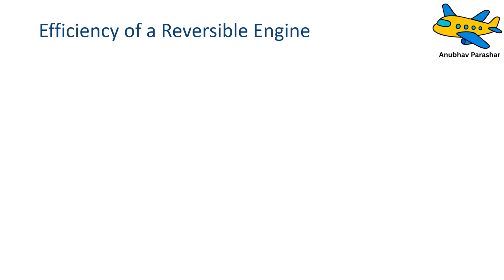Now, efficiency of a reversible engine. How can we represent efficiency? We have seen it in our heat engine class, right? So we know efficiency is the work output divided by the heat supplied, right? And work output can be given by the first law of thermodynamics, heat supplied minus heat rejected, divided by heat supplied, right?